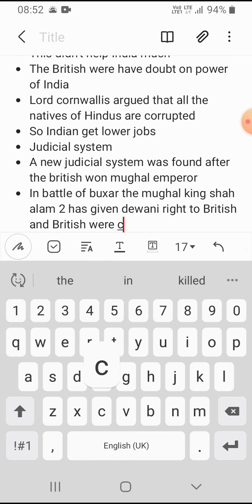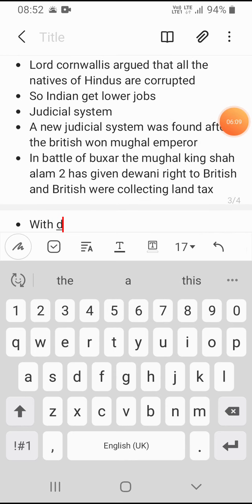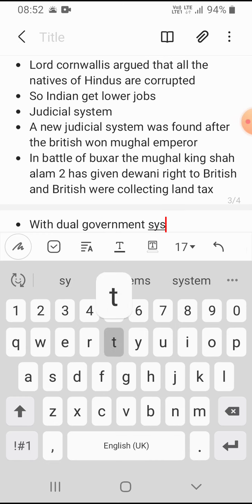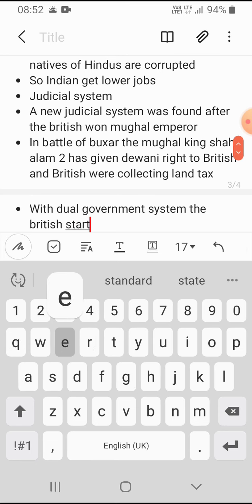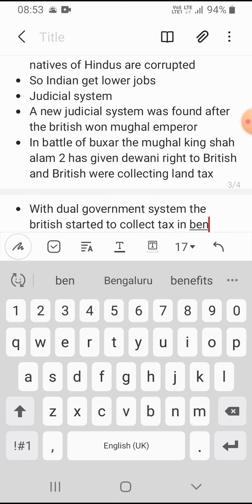With the dual government system, as you learnt in your second chapter, the British started to collect tax in the Bengal region.